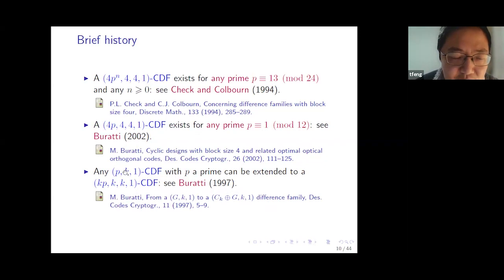So let k equal 4. A (p,4,1) CDF exists when p is a prime, as I showed in the last slide. Then a (4p,4,1) CDF exists. So that means the existence of a (4p,4,1) CDF has two different proofs. One is direct construction according to the second reference, and one is the recursive construction by the third reference.